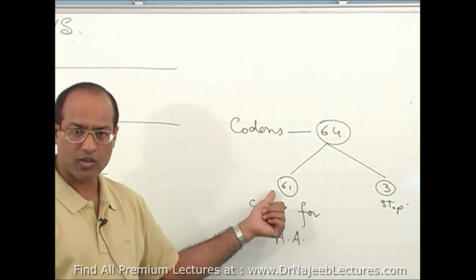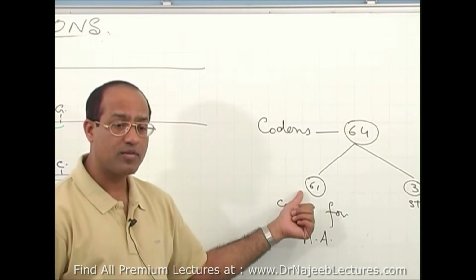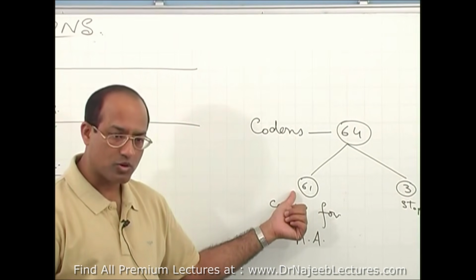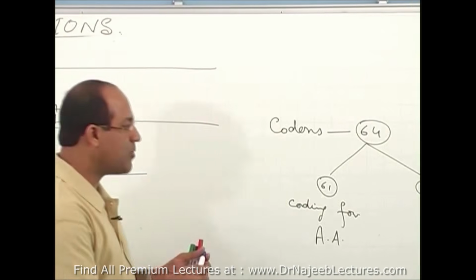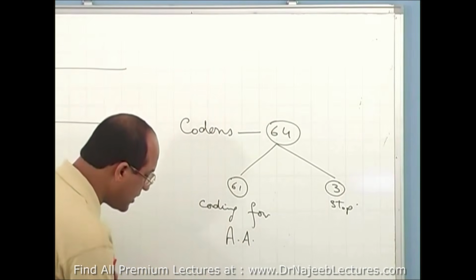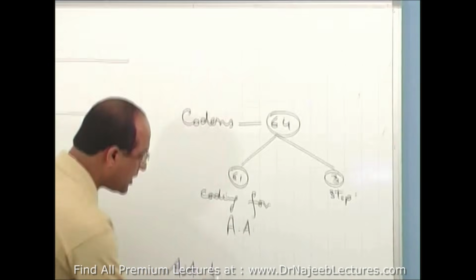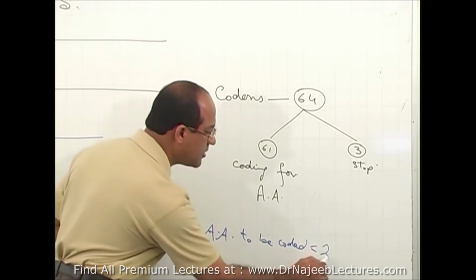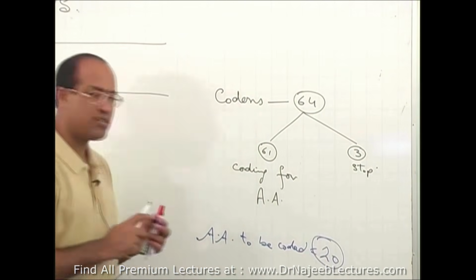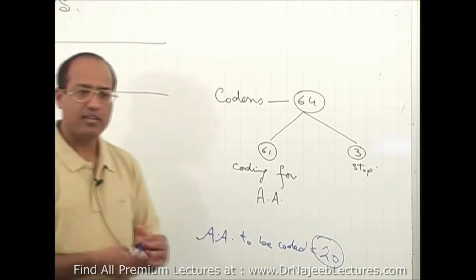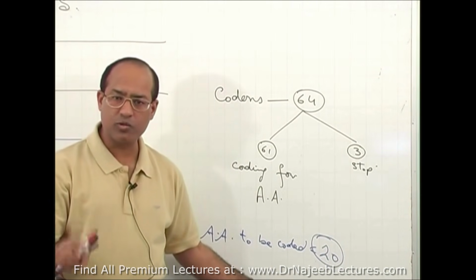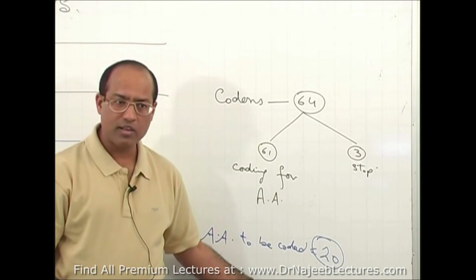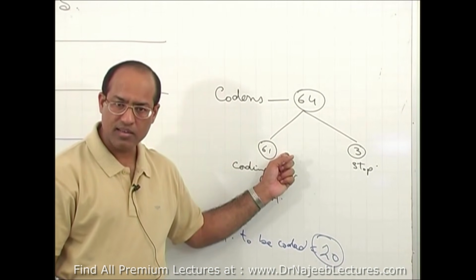The total genetic codons which are coding for amino acids are 61, but the amino acids to be coded are only 20. It means that amino acids which should be coded are 20, but codons are 61.